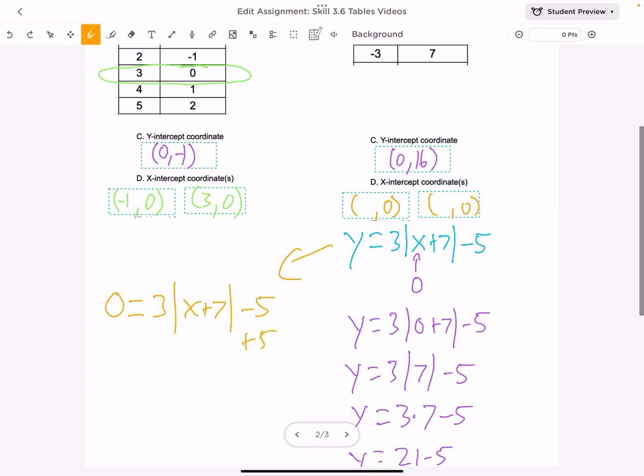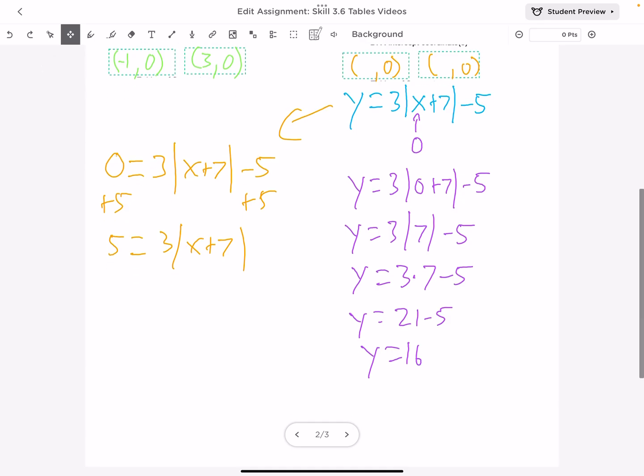Now I'm going to add 5 and add 5 to both sides. So that's 5 is equal to 3 times the absolute value of x plus 7. All right. Then I'm going to divide by 3, and I get 5/3 is equal to the absolute value of x plus 7.